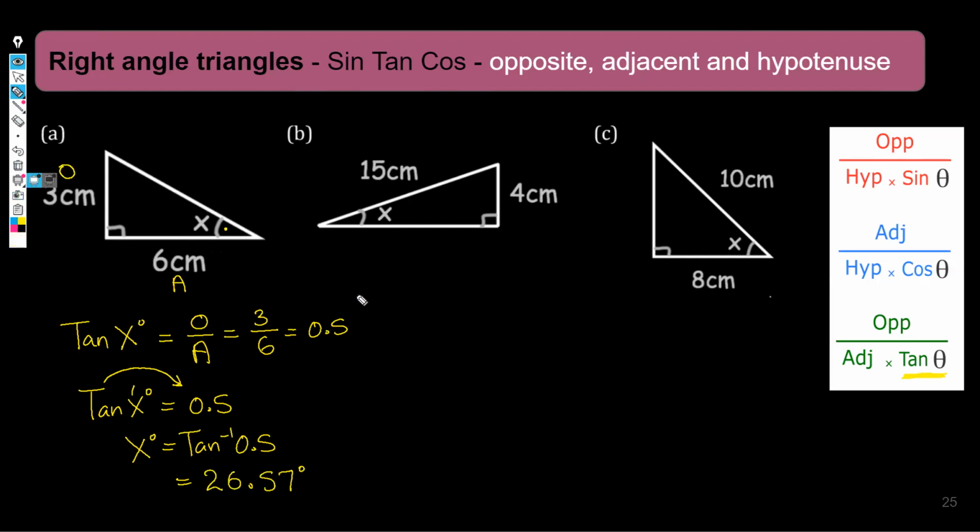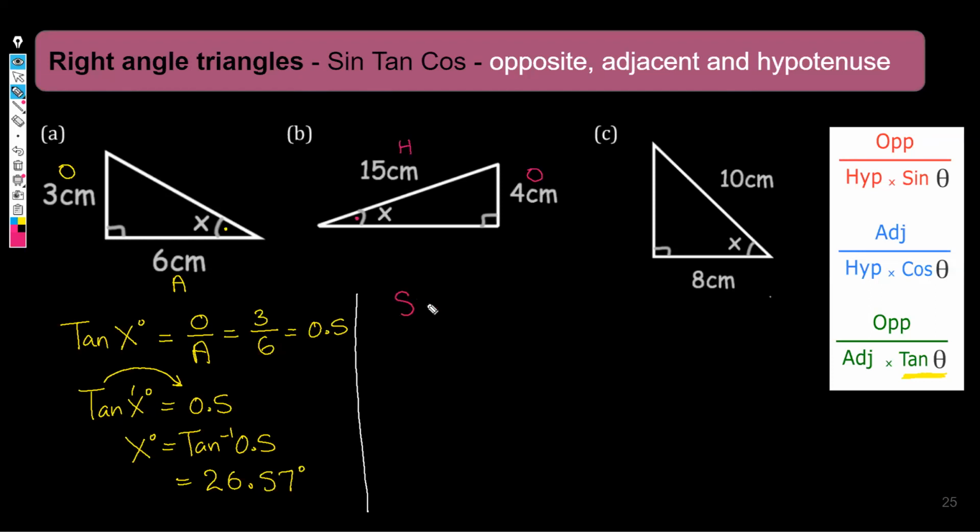All right, so we're working on the 3 in one shot because you had enough time. For part B, we're standing at x again because that's the angle they want us to find. The 4 is opposite and the 15 is the hypotenuse. So the 2 sides are O and H, that's sine.